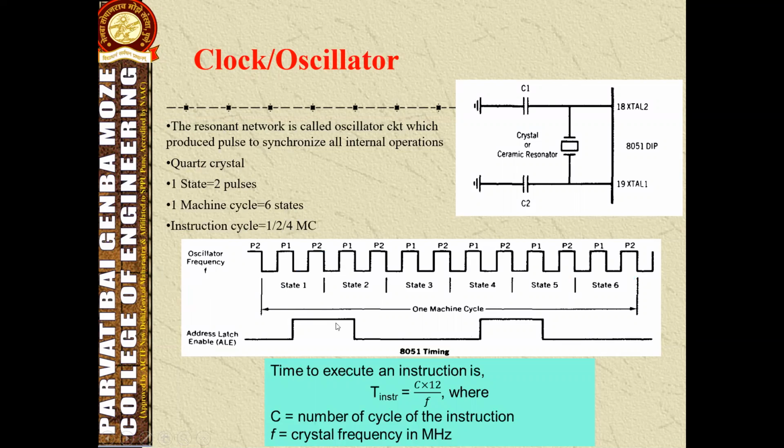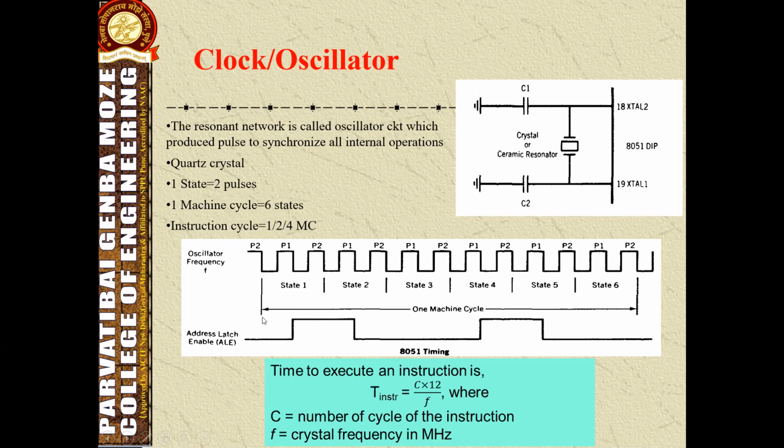Here we can consider that two starting pulses are equal to one state, and each six states are equal to one machine cycle.